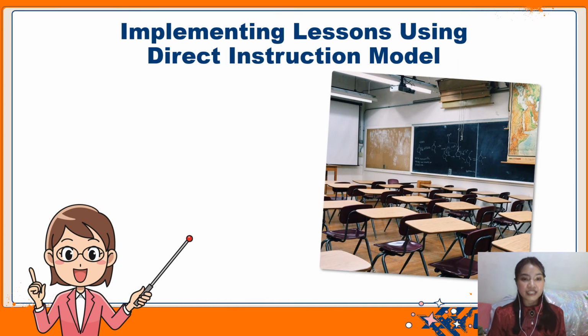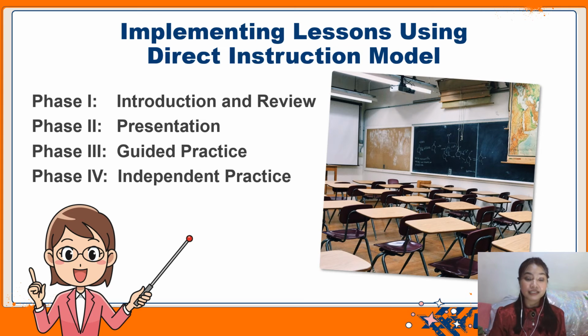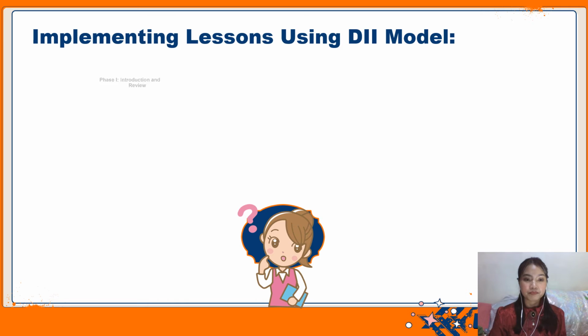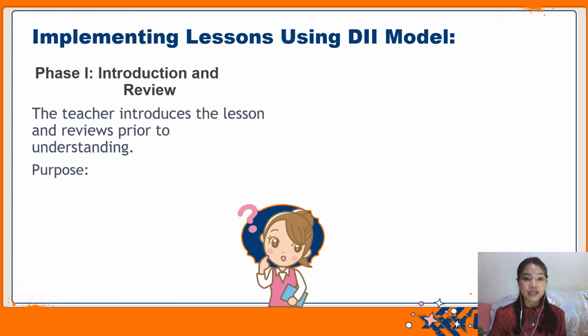There are 4 phases in implementing lessons using the direct instruction model. These are introduction and review, presentation, guided practice, and independent practice. In phase 1, introduction and review, the teacher introduces the lesson and reviews prior understanding. Its purpose is to attract students' attention and draw them to the lesson. Example, use student names in examples.